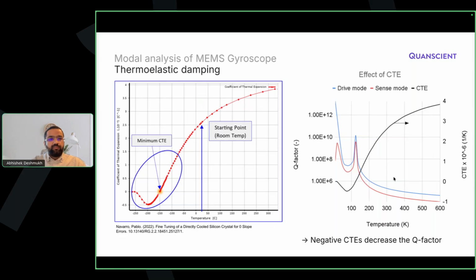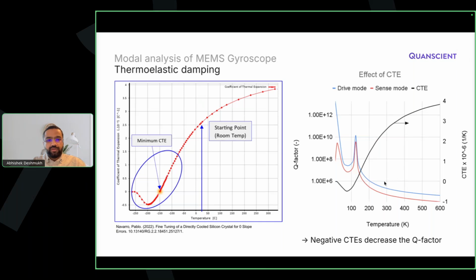The third damping mechanism is thermoelastic. These are the effects happening through the elastic deformation that then converts into thermal energy, and then you lose the energy via this thermoelastic mechanism.